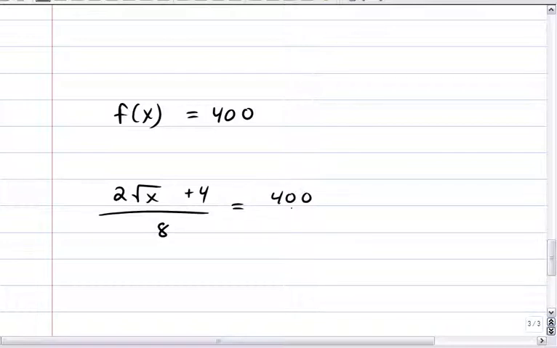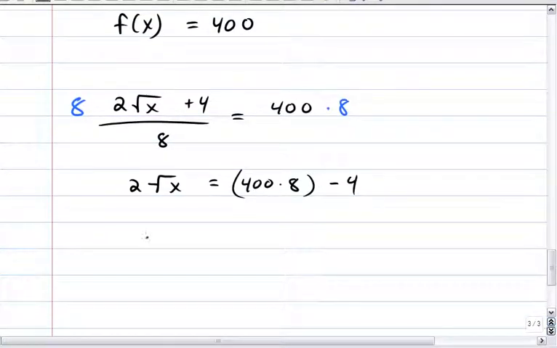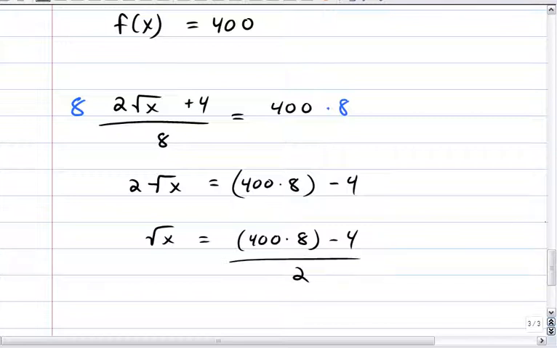So what would you do to both sides in solving this? Times by 8, okay? Okay, then subtract 4. Okay, so 2 square root x equals 400 times 8 minus 4. Okay, now what? Then you're going to want to divide by 2. Divide by 2, okay? Followed by squaring. And square root the whole thing, okay?